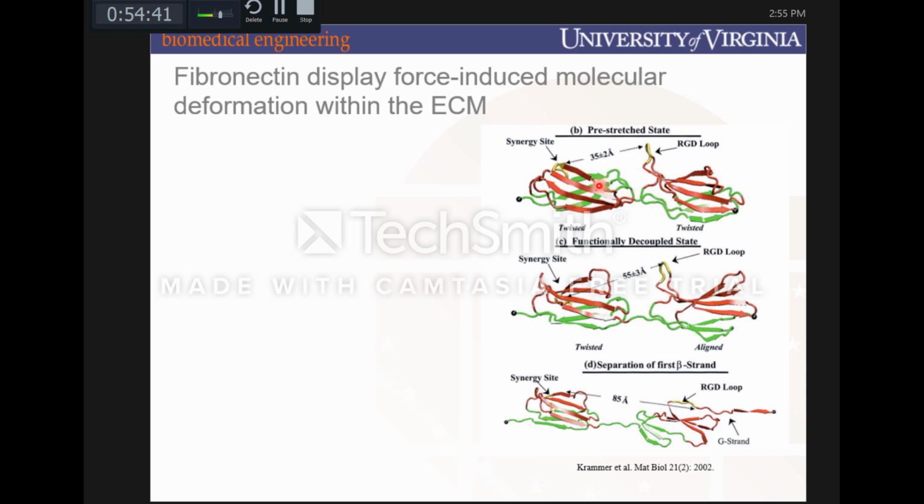In their native state, pre-stretched, you've got 35 plus or minus 2 angstroms between this RGD sequence that integrins love to bind to and the synergy site. And then after the first beta strand is pulled apart, that gap has gone up to 85 angstroms. And you can see the RGD loop is in a completely different pulled-out conformation than it was previously.